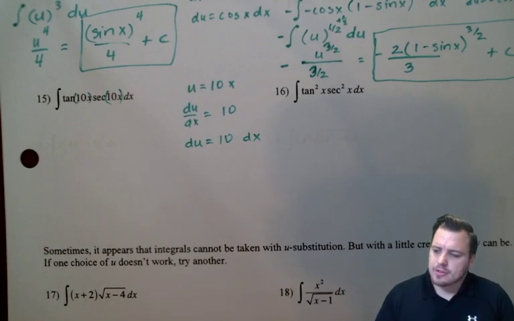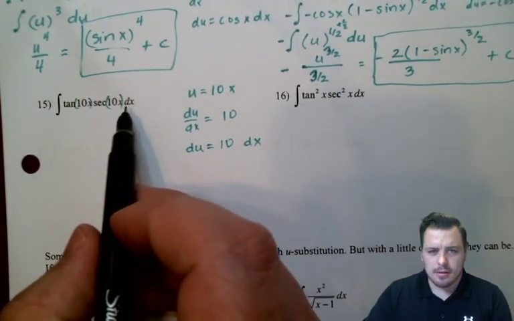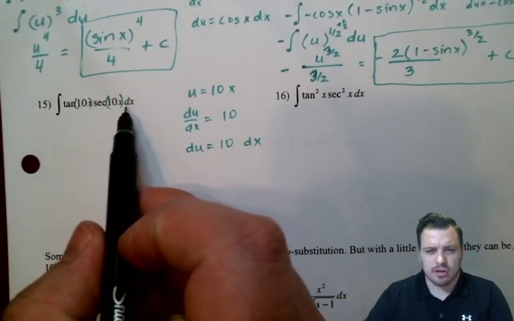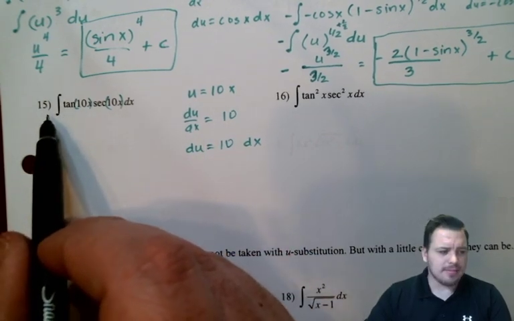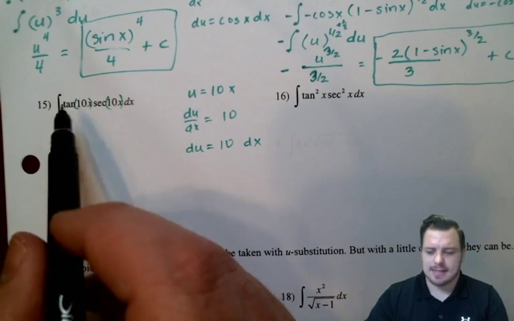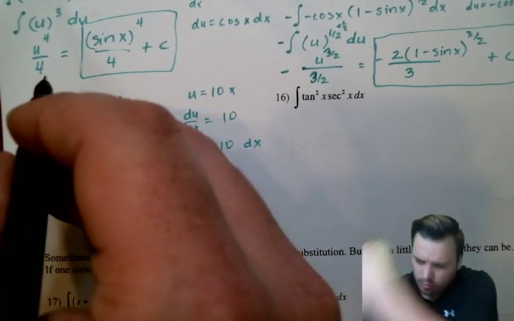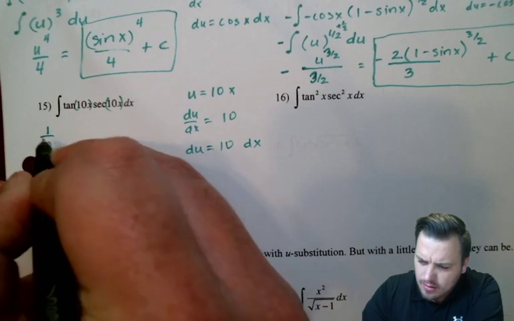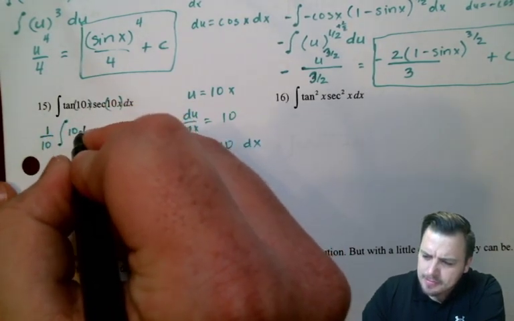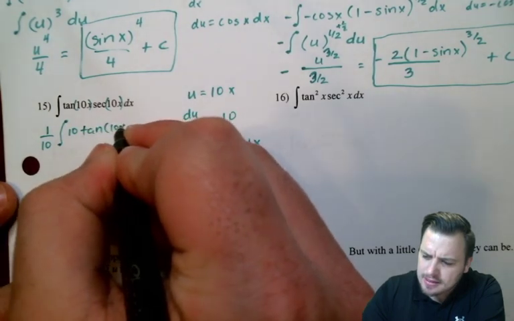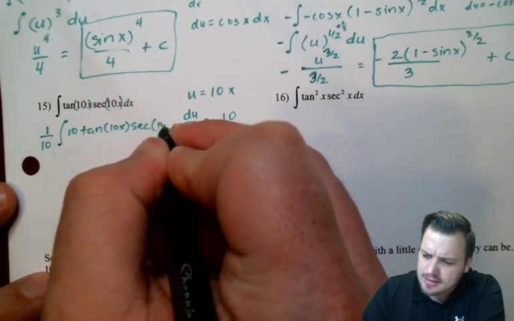Okay, so I have a dx here, but in order to get that dx off and solve in terms of u, I'm going to multiply the left side by 1/10, the right side by 10. So I have 1/10 antiderivative of 10 tangent 10x secant 10x dx.